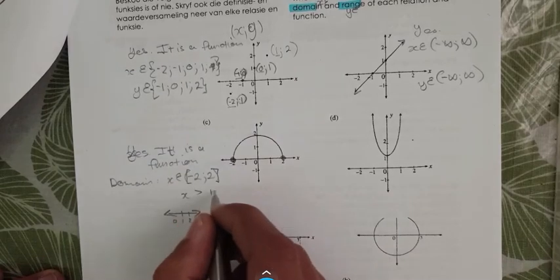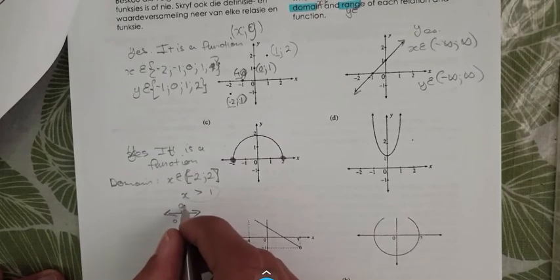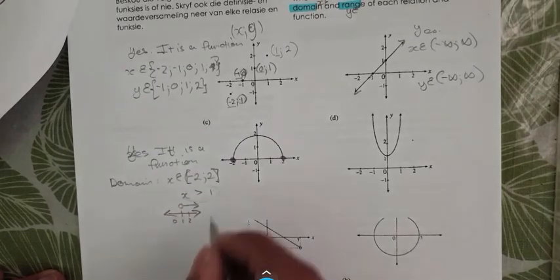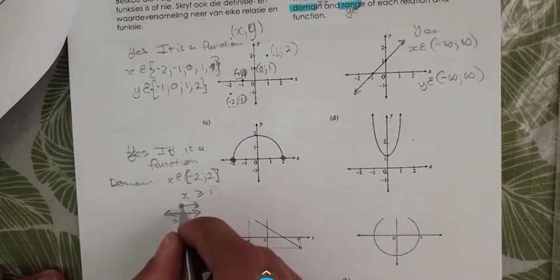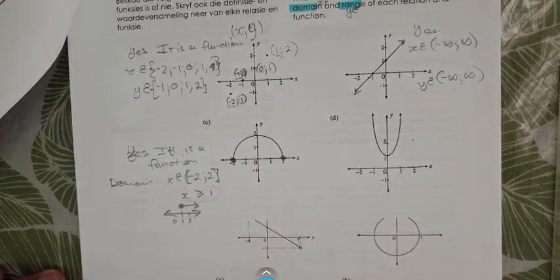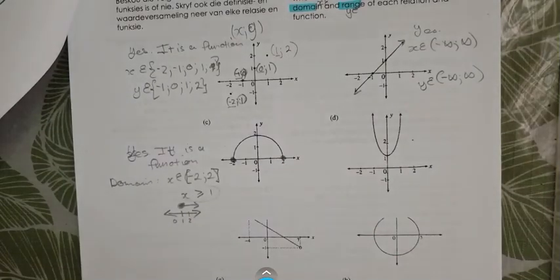It means it starts after 1. However, if I put in the greater or equal sign, then I need to include that 1 as well. So then it needs to be a colored in dot. However, for this one, it's not colored in, so I leave it like that.